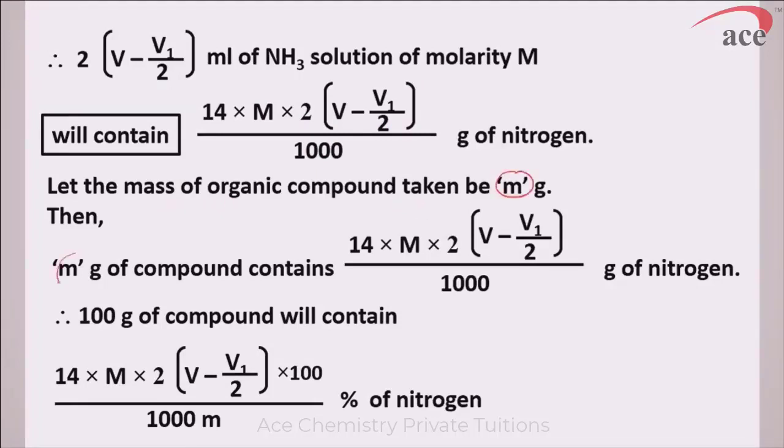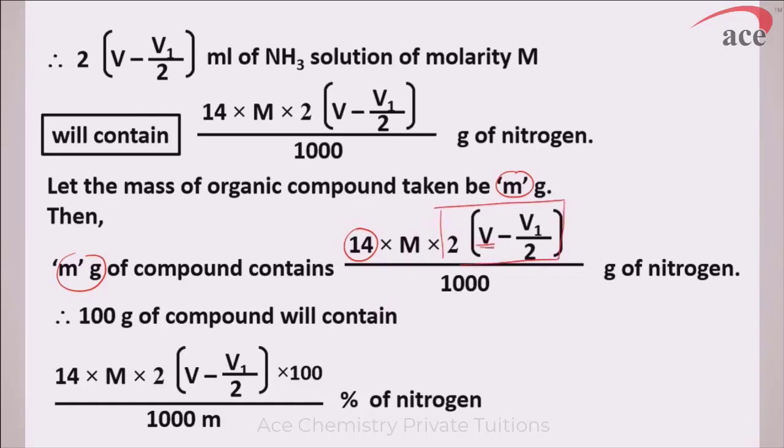So for m gram of compound, how much nitrogen? The nitrogen present in ammonia is 1 atom, so it is 14 gram multiplied with the molarity of the acid and the amount of ammonia formed.